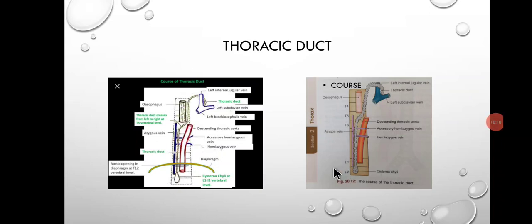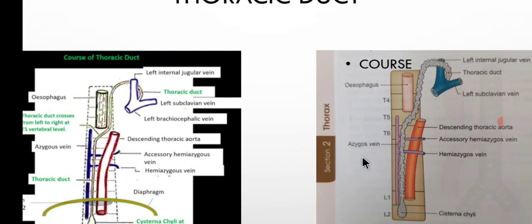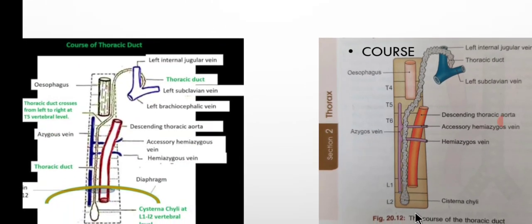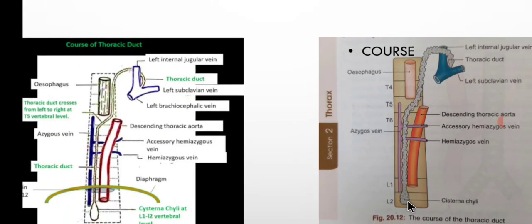One more time I will revise this. It's a very easy course. The thoracic duct begins at the upper end of the cisterna chyli, then pierces the diaphragm through the aortic opening, along with the aorta and the azygous vein.